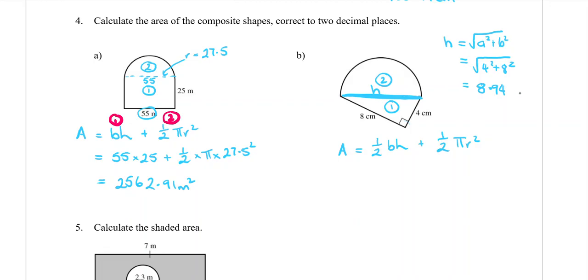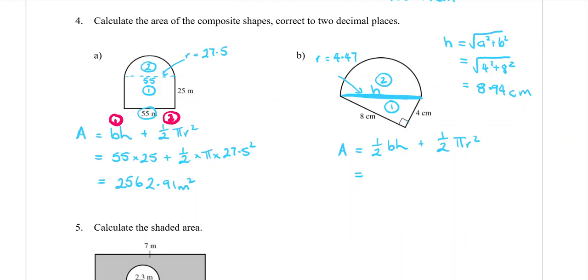Now that is the whole way across that semicircle, which means that that's a diameter. If I want the radius of that, I still need to divide that by 2. 8.94 divided by 2 is 4.47.